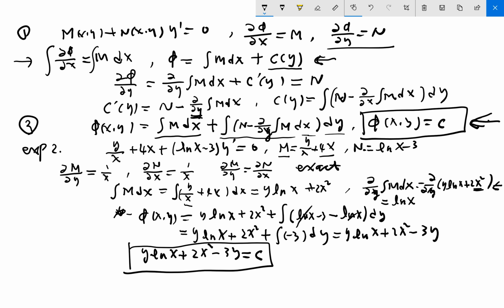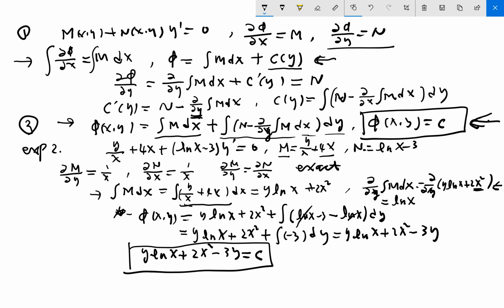Exact, then we need to use equation 3 here to find the phi. To find the phi, you need to integrate two integrals. One is with respect to x, one is with respect to y. So you need to find those terms. For the first integral, you integrate M with respect to x.